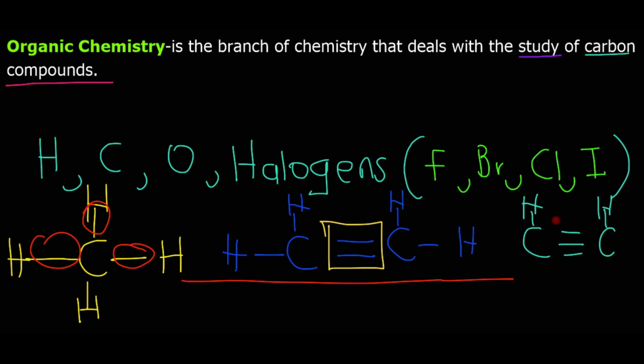And then as for this one, we have a maximum of a triple bond. So that is the maximum number of bonds we can have. So it's either we have a single bond, a double bond, or a triple bond.